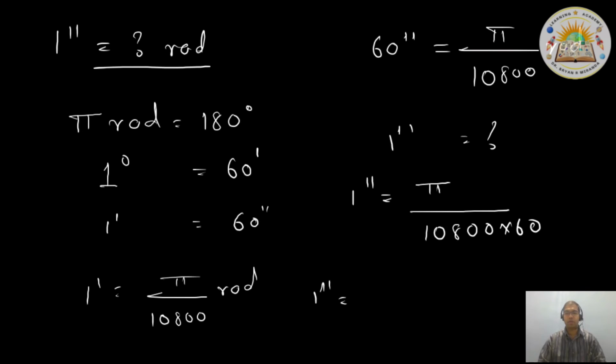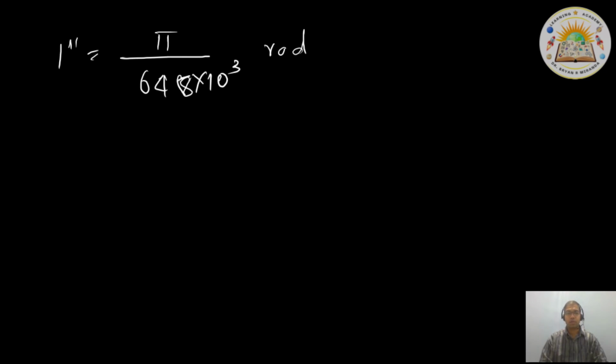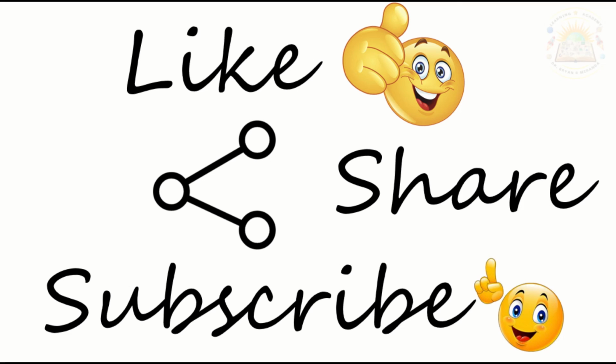So 1 second will be pi divided by 648 into 10 power 3 radian. Now you have to keep one thing in mind. We can always convert this by substituting 22 by 7 into a linear statement. That means you can take this 10 power 3 to the numerator and solve it to get a decimal value, or you can leave it like this.